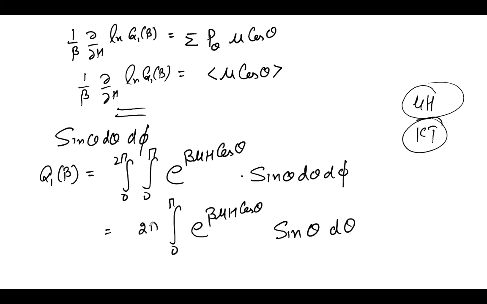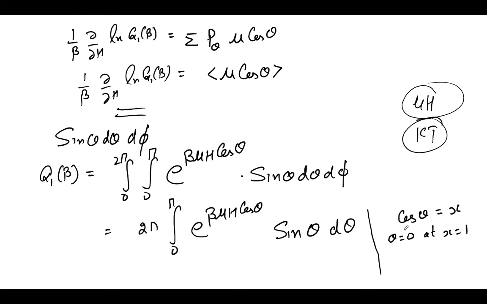Now we have to solve this integration, and suppose I put cos theta as x. When theta is 0, cos of 0 is equal to 1, so at that time x will be equal to 1.